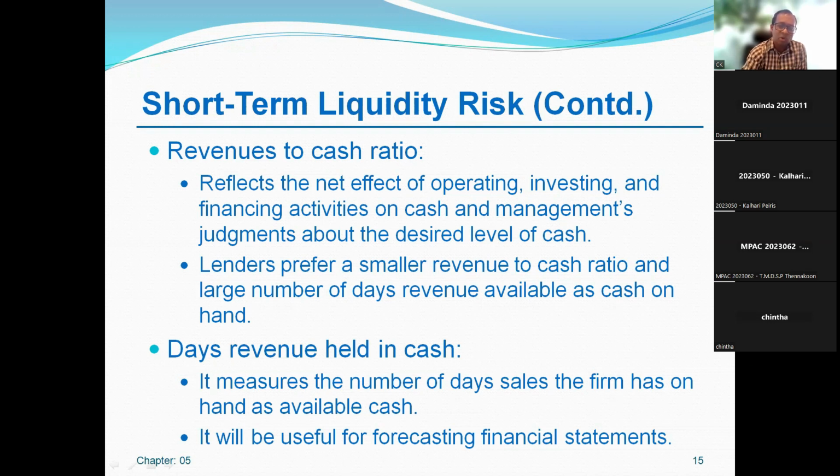Smaller revenue to cash ratio, and a large number of days available as cash on hand. So if you have this ratio high, that means you have more cash. Days revenue held in cash is the number of days sales the firm has on hand as available cash.